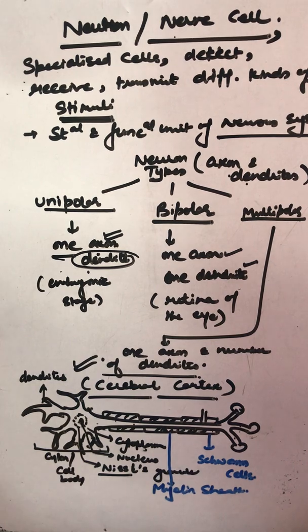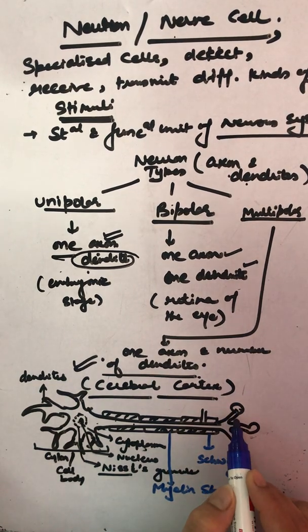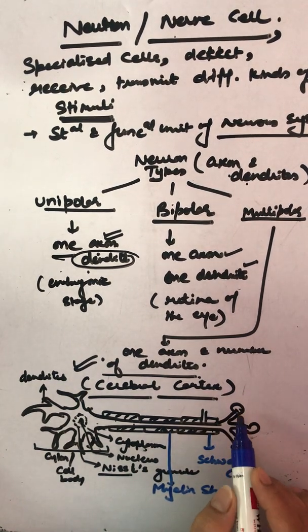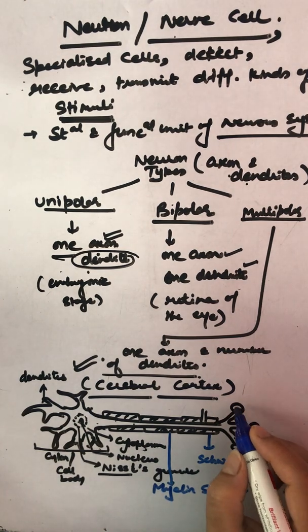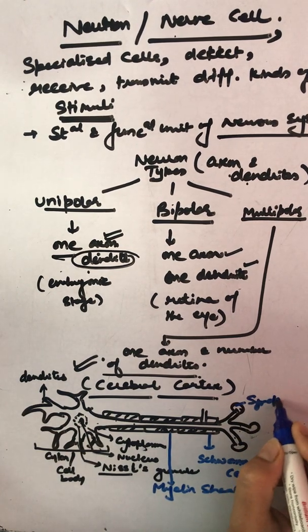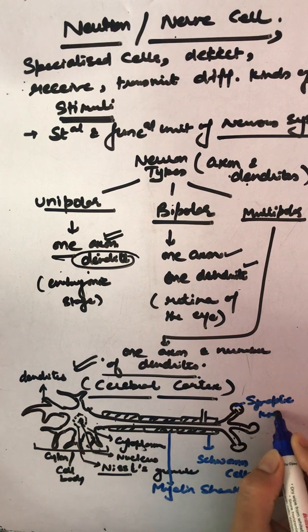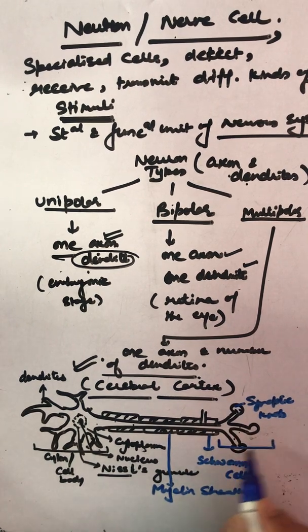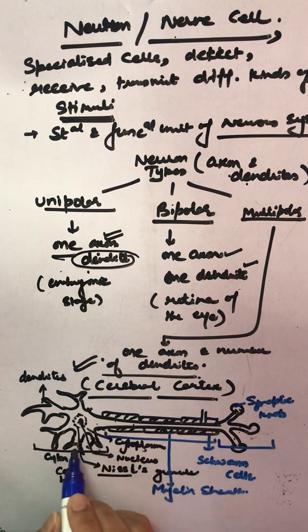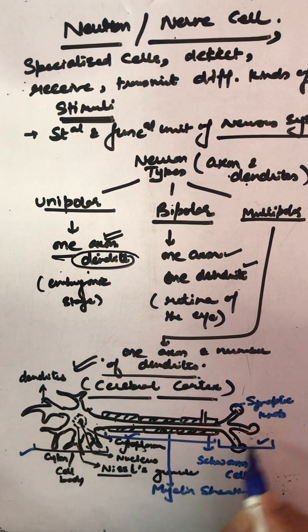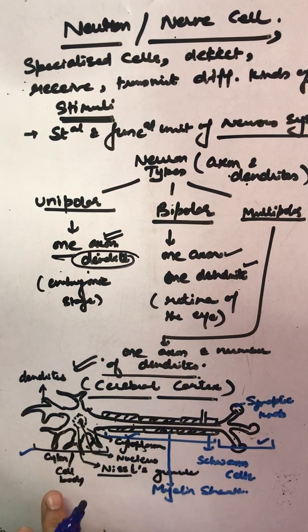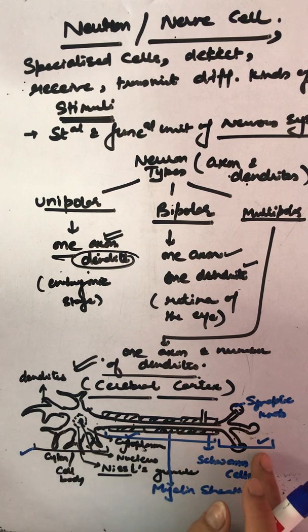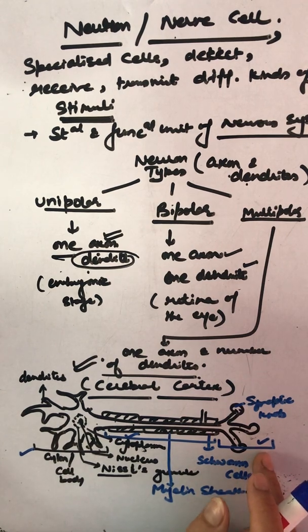Fine. This is the axon terminal, right? And these are the synaptic knobs. These are the three parts: cyton, axon, and the nerve endings.